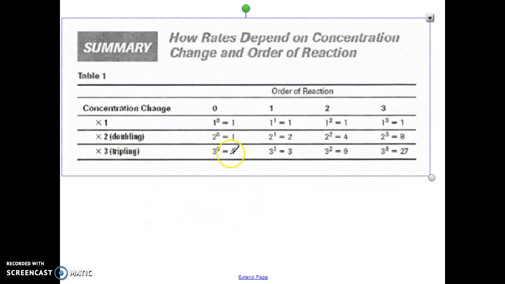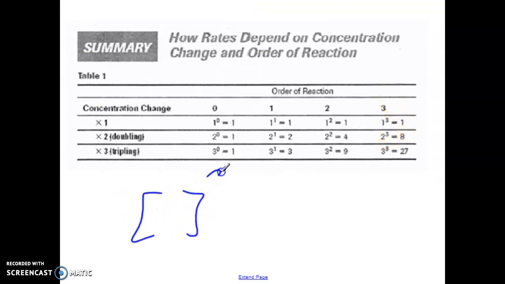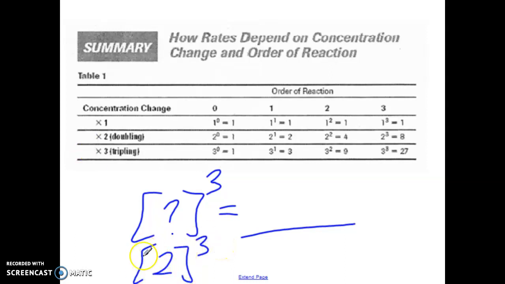You can also have an exponent of 3 or 4, of course, and it corresponds accordingly. If you have a reactant to the exponent 3, whatever change you make, it's going to cube. So if I double the concentration, it's 2 times 2 times 2, which is now 8 times a faster rate.